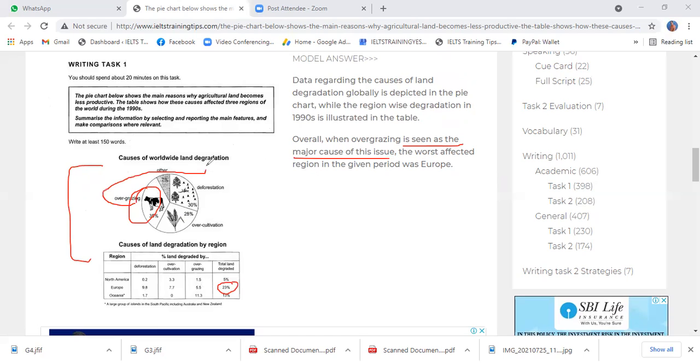Yes, the issue is land degradation. It is there in the previous introduction paragraph. The worst affected region in the given period was Europe. So this is the thing here. So I have taken the summary of this particular picture and this particular picture. The main thing, I've taken one from there and one from this.